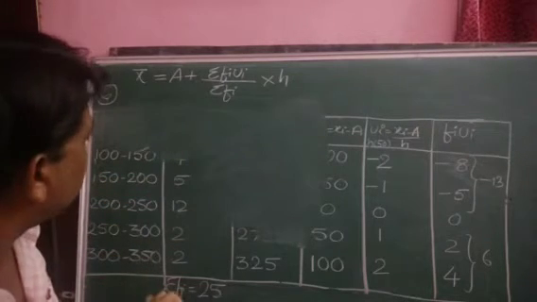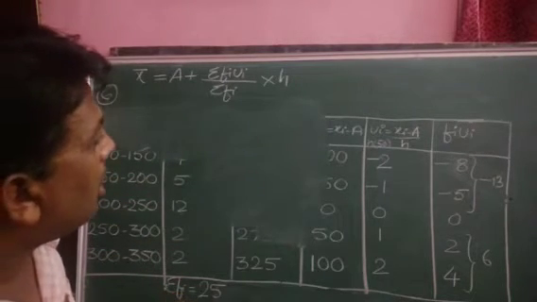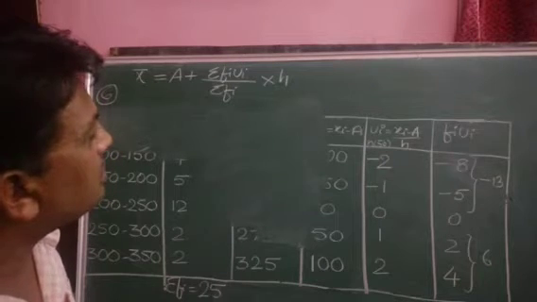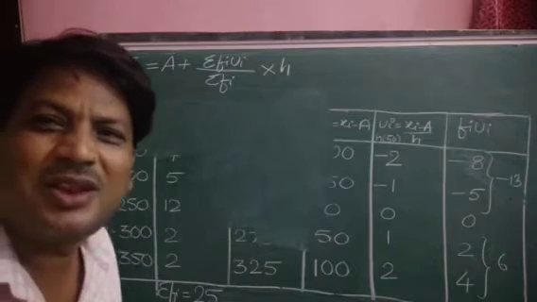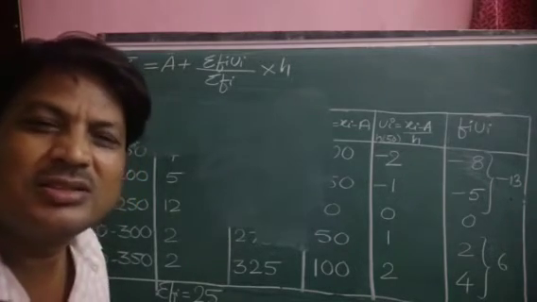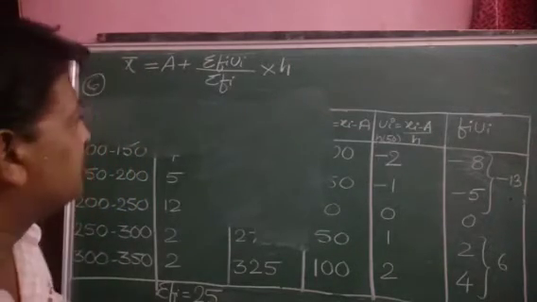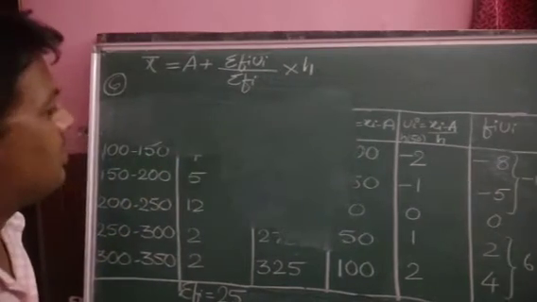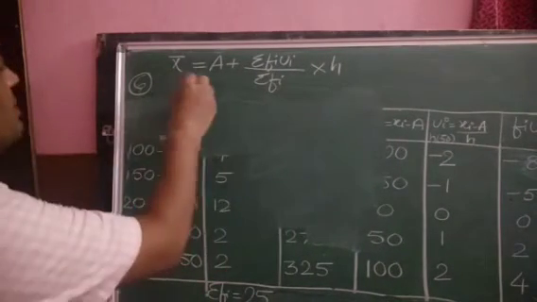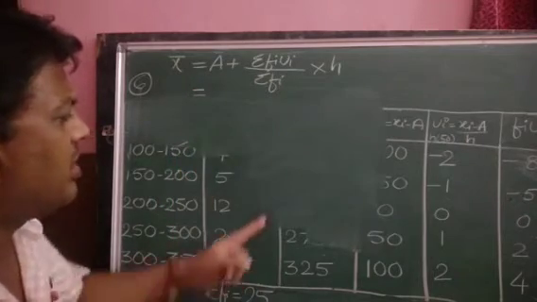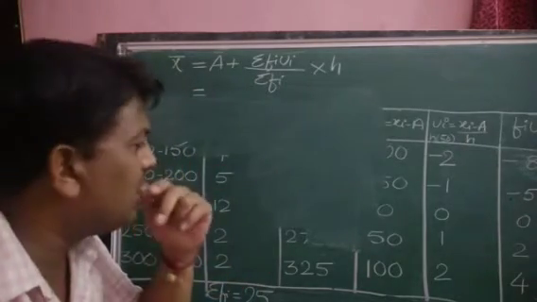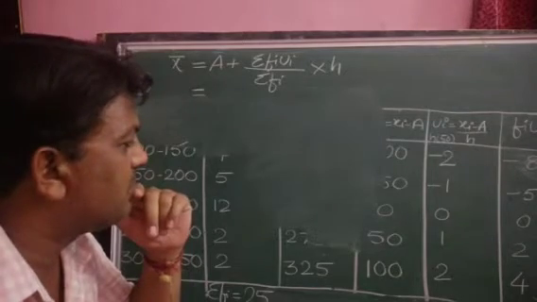And what we took as the value of a. Sorry children, due to an incoming call, the recording was paused. So children, now we have just put in the values. What value of a have we taken? I have rubbed it out here. I hope the a value you have taken is 225.